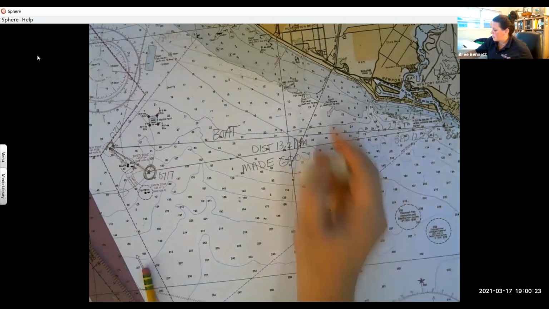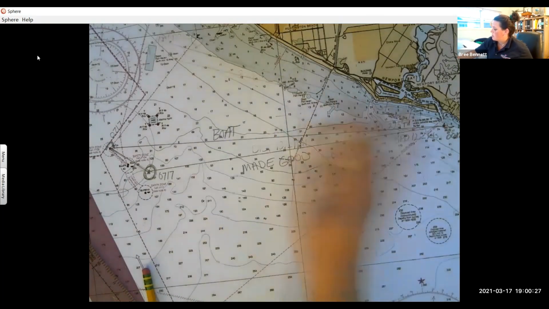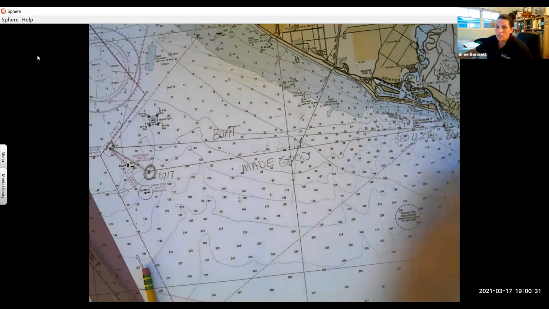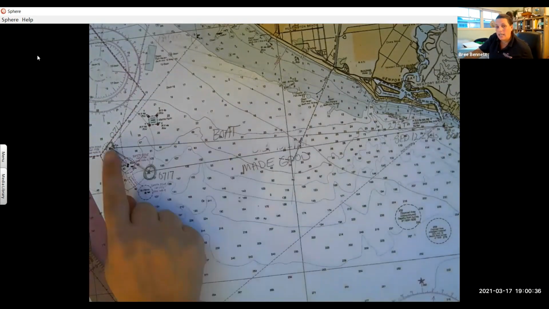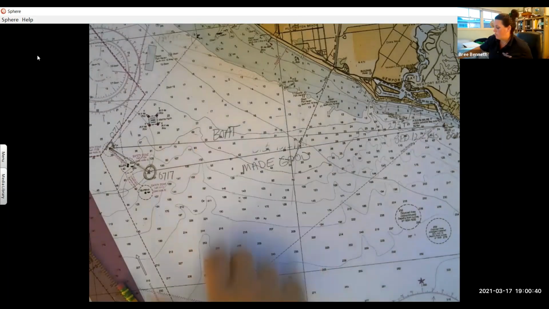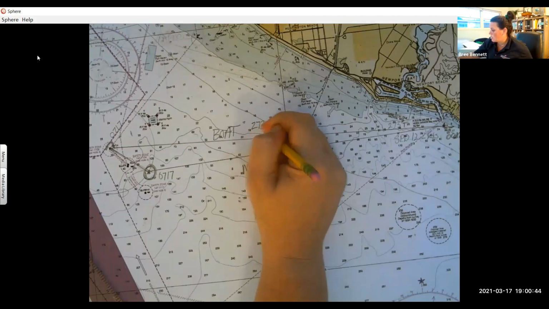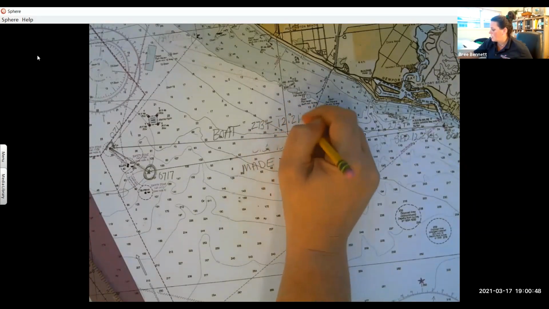Does that make sense? Our intention, just going to erase that so it's less confusing. Our intention was to go from this buoy directly to Edith. And we plotted a course of 273 degrees true at a speed of 12.2 knots.